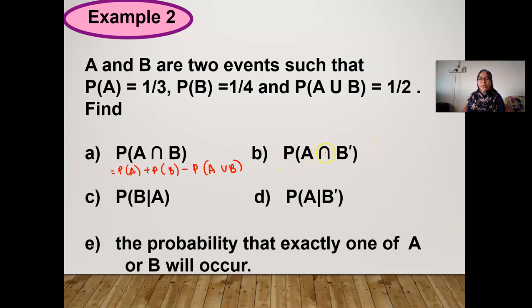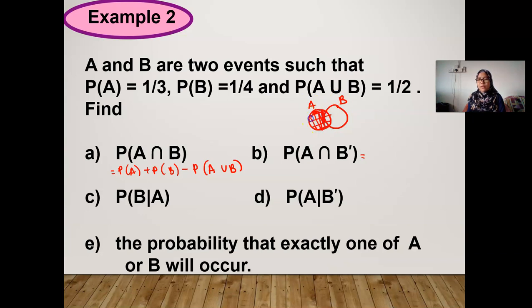And then P(A intersect B') comes from the formula as well from the first video. P(A intersect B') is equal to, if you remember, A and B. So this is your A, B' is outside.